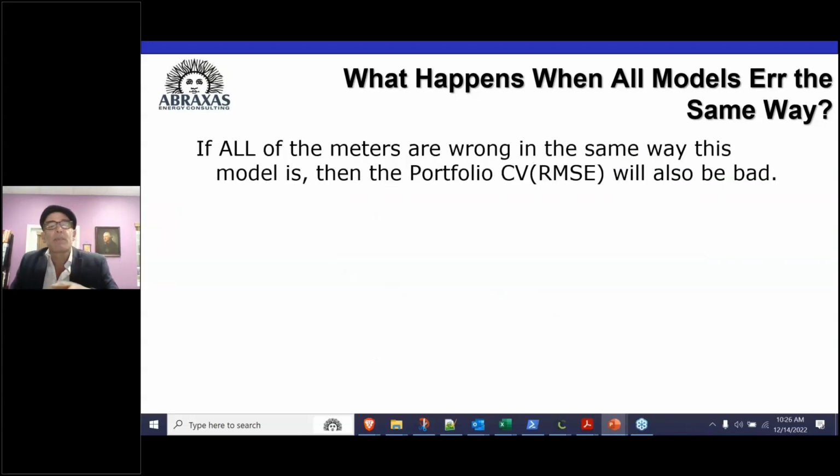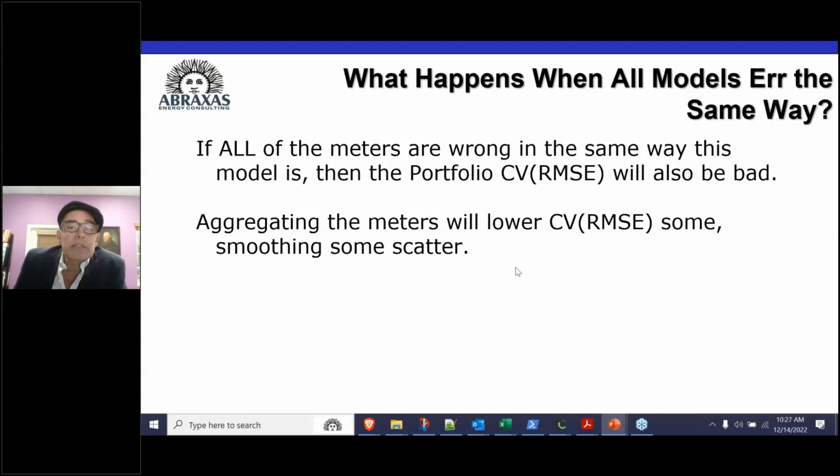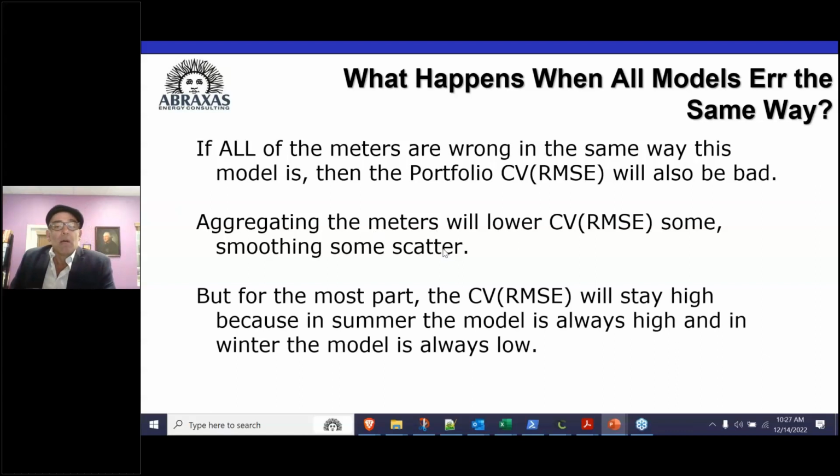Well, it's because all the meters were wrong, probably all of them, in the same way: the fit line was low in the summer and high in the winter on all of them. So when you do a portfolio CVRMSE, it's still going to be wrong that way. That doesn't cancel out. What's going to cancel out is the randomness. So that's what that says. For the most part, the CVRMSE will stay high, because in the summer, the model is always high. Great.